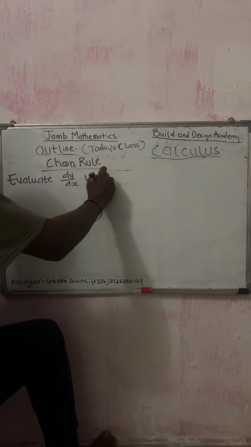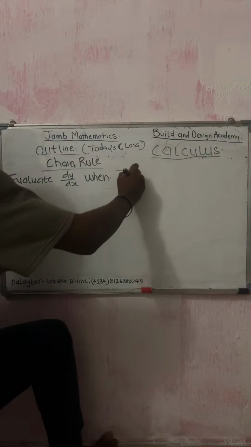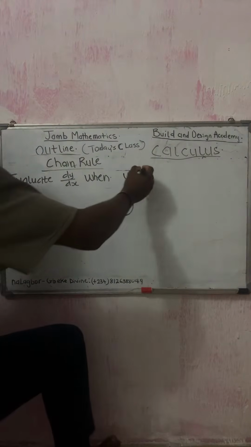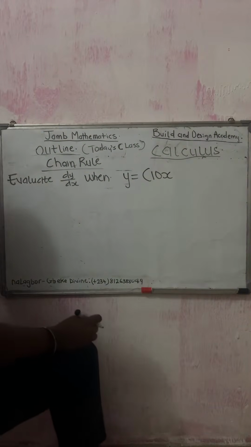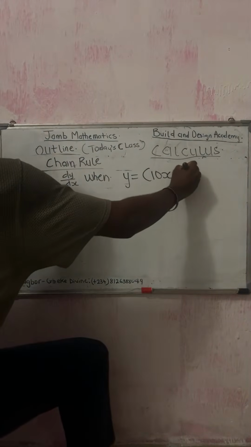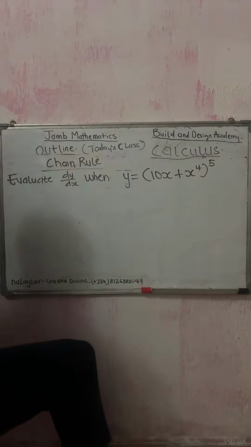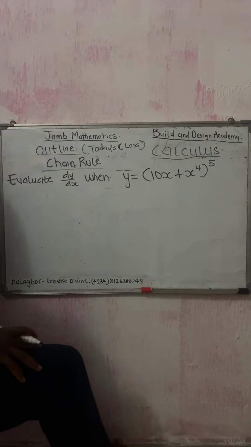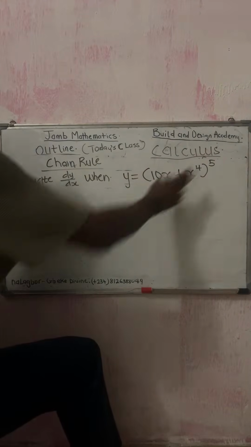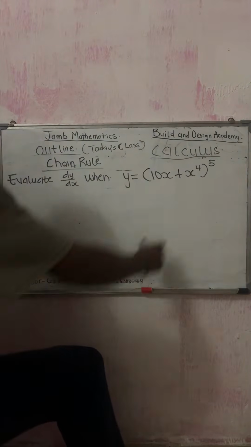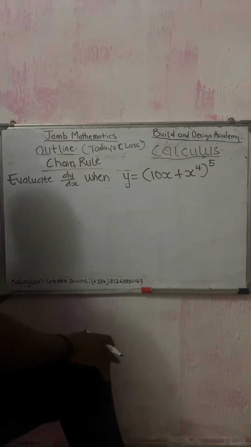When y is equal to, watch closely, 10x plus x raised to the power 4, all raised to the power 5. Now, once you see this, from indices, this is the power of a power law, because this 5 is going to multiply all the powers, it's going to multiply this power, and this power.